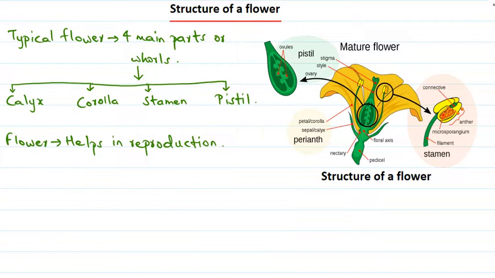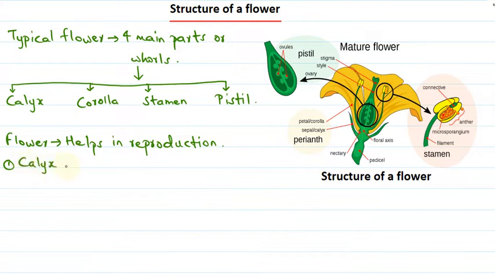How do they help in reproduction? Usually by providing a mechanism for the union of male and female gametes. We know that gametes are the reproductive cells, so flowers provide a mechanism where male and female gametes can unite. Let's now understand each of the parts one by one.